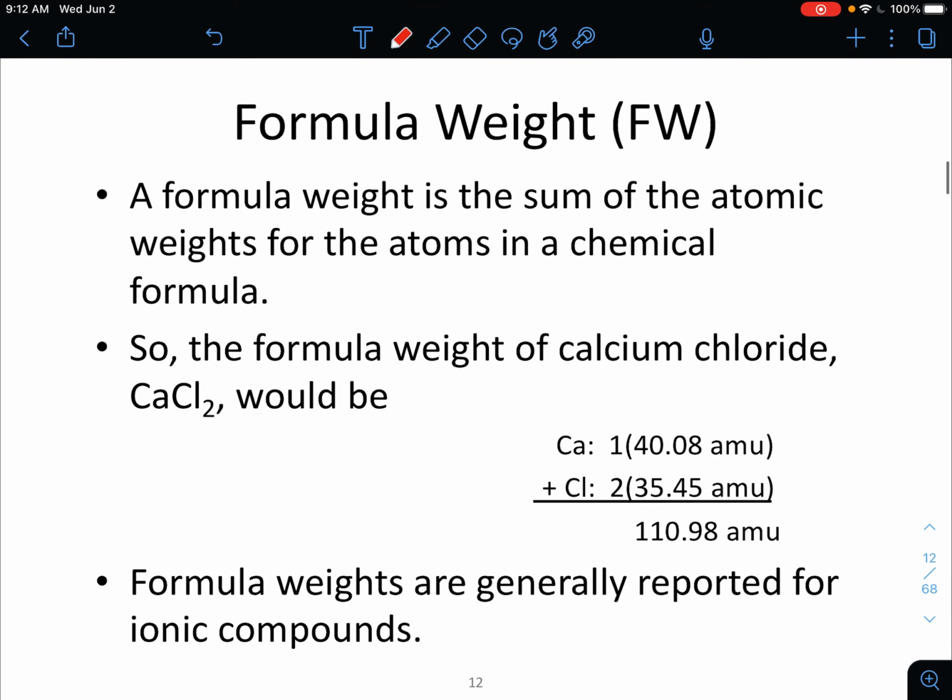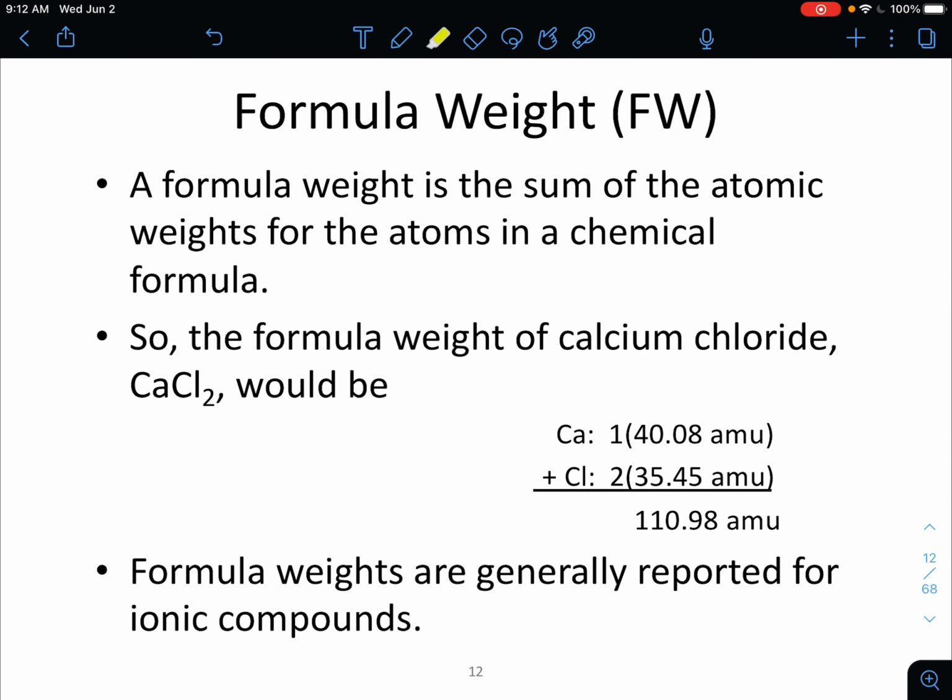So formula weight is just simply the sum of the atomic weights for the atoms in our chemical formula. And if you remember in chapter 2, we started to talk about isotopes, and so the weights that we observe for these atoms, those are the weighted averages based on the naturally occurring isotopes.